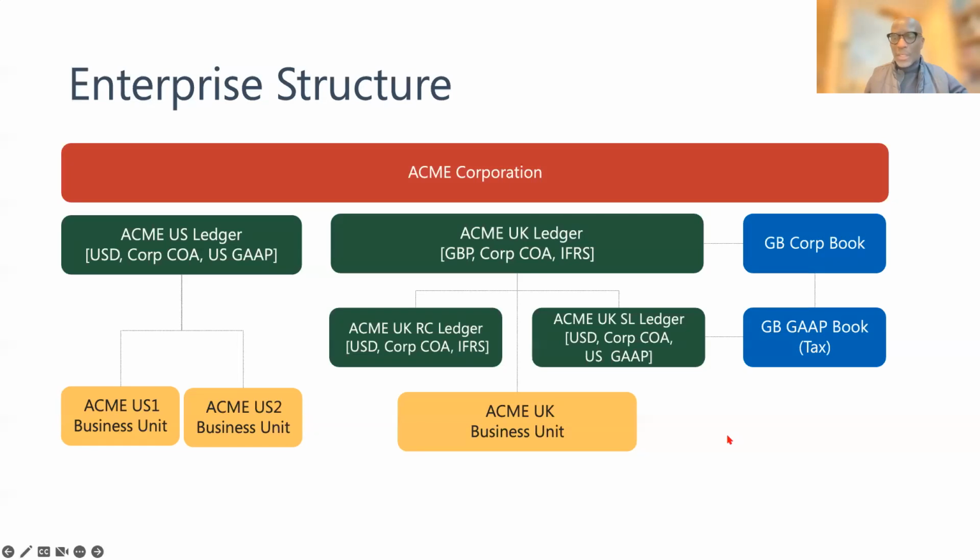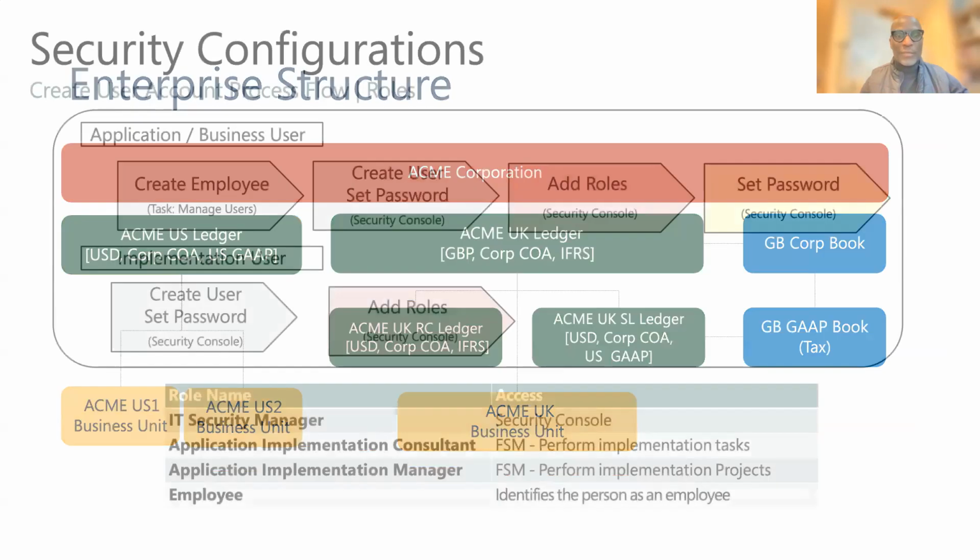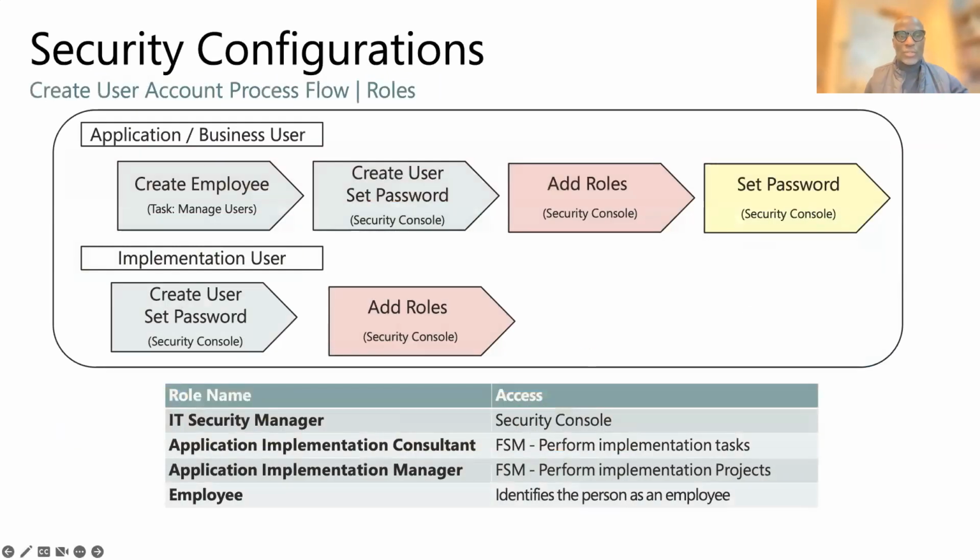Now, there are two main types of users that we'll be looking at. One are the application users, that's the business users, and you have the implementation users. There are certain roles which need to be added to those users. Just very briefly, I've got this slide here to show you an example. There are certain roles that you would need for your user to be able to do certain things.